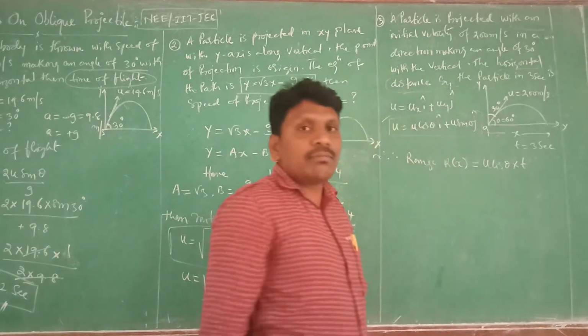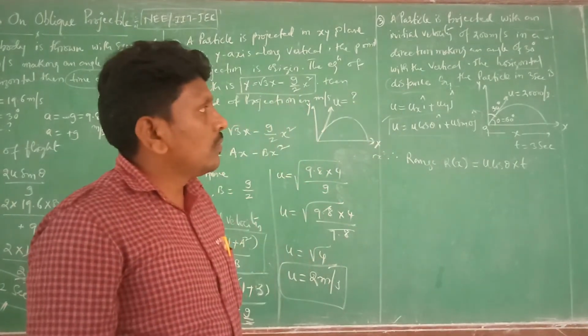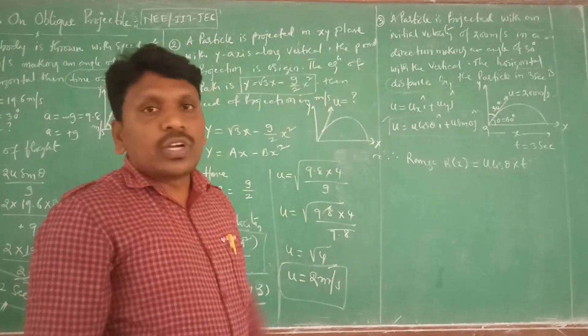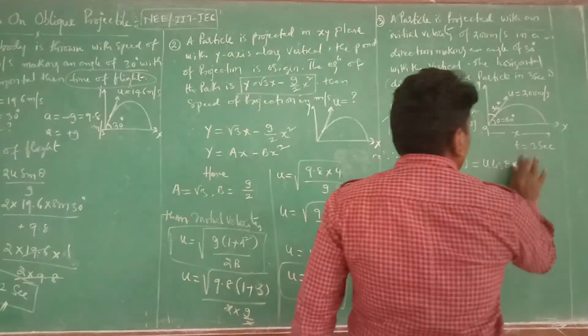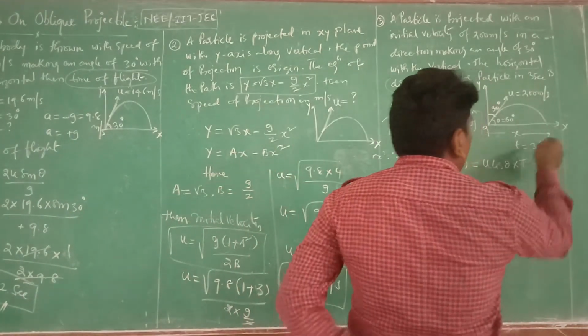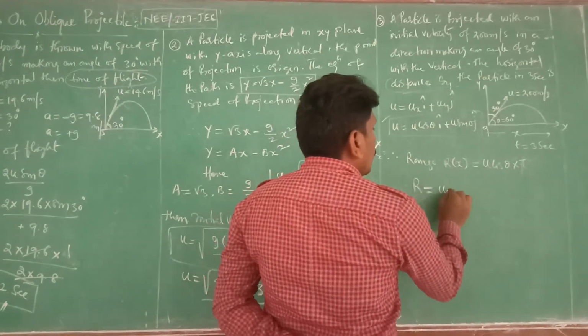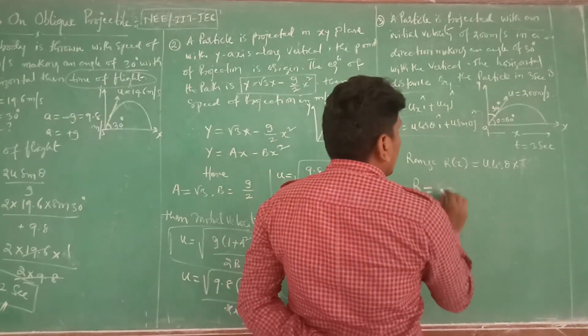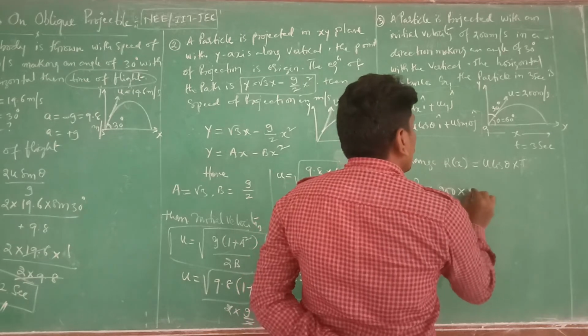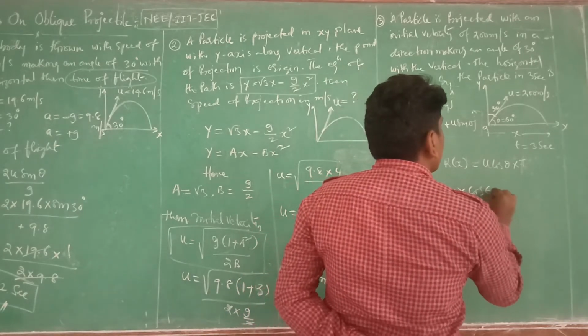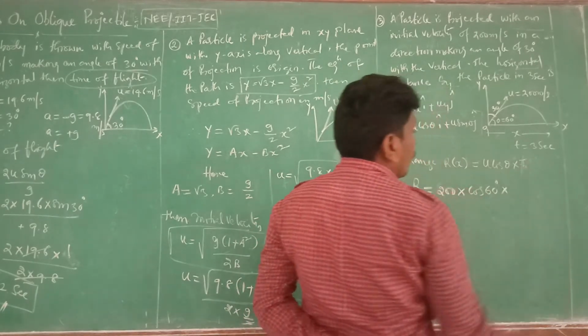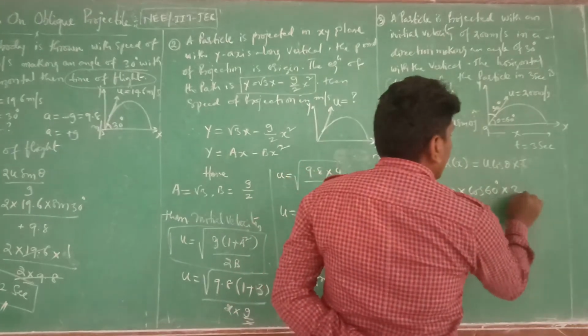What is the time? The total time is already given. Then r equal to 200 into cos 60 degrees into 3.